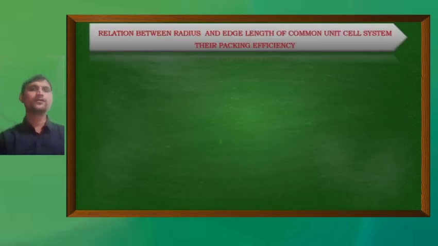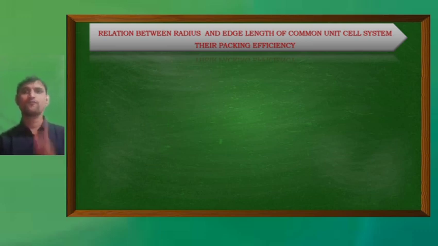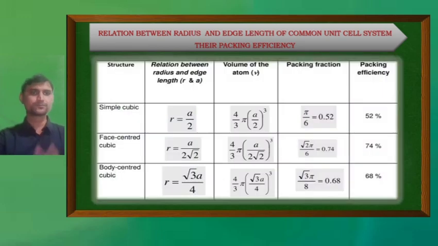After that we look at the relationship between radius, edge length of the common unit cell systems and their packing efficiency. See, there are 3 common unit cell systems: simple cubic, face centered cubic unit cell, and body centered cubic unit cell in the chart.